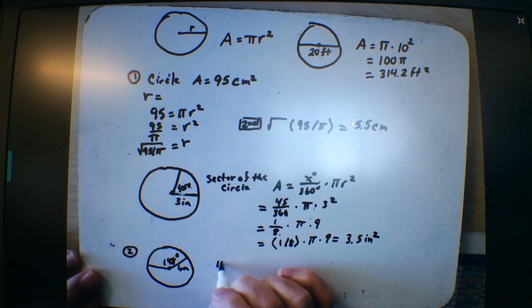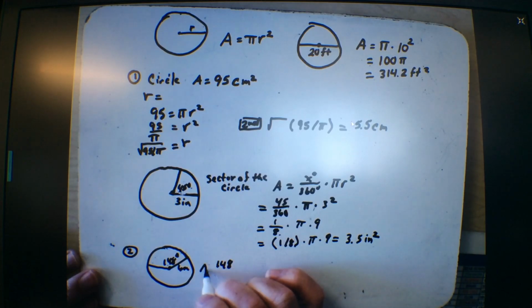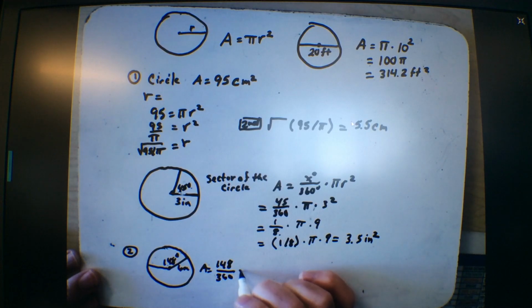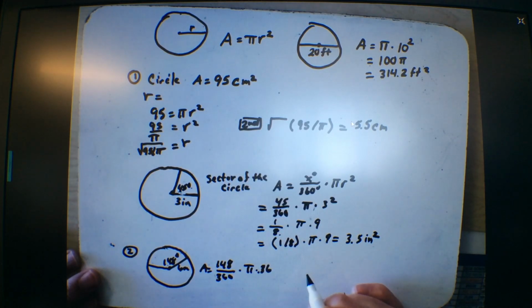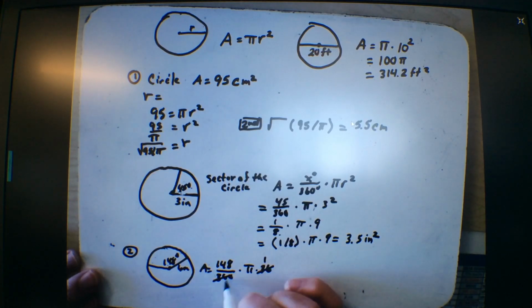So I would take 148, correct, over what? 360 times pi times what? Times 36. Okay, now, can I cancel this 36 with that 360? I can. This is 1 and this is 10.